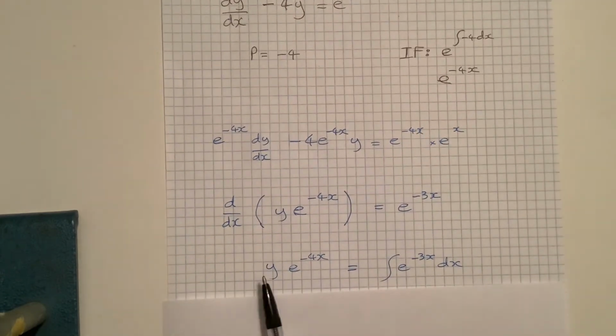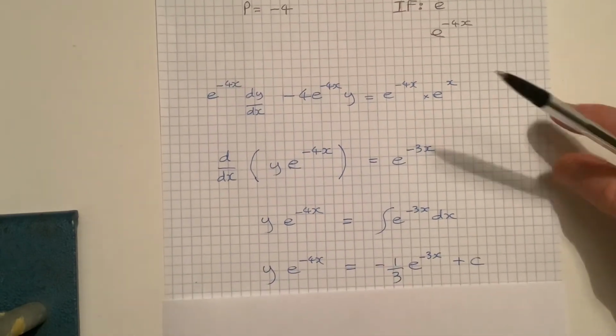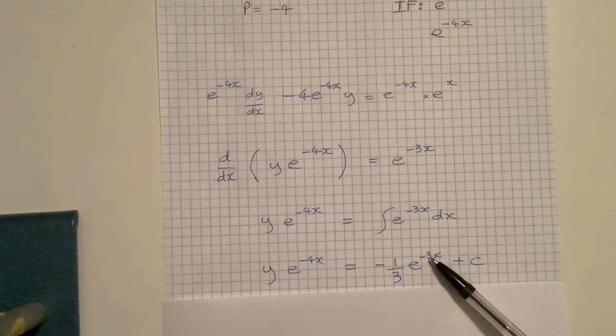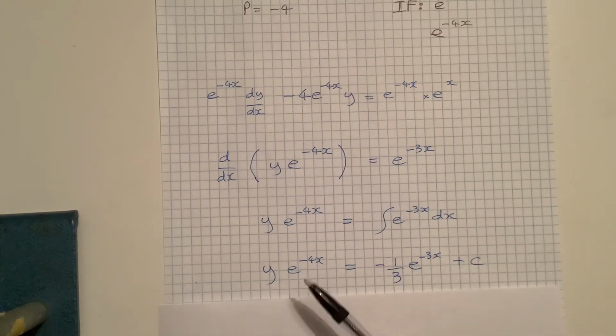So integrating the left-hand side will just give me what's inside the brackets. Integrating the right-hand side. Integrating the exponential will give the exponential, but also remembering that I have to divide by -3 by the reverse chain rule. Don't forget the constant as well. And then the only other thing I might do here is I might multiply all the way through by e to the 4x.